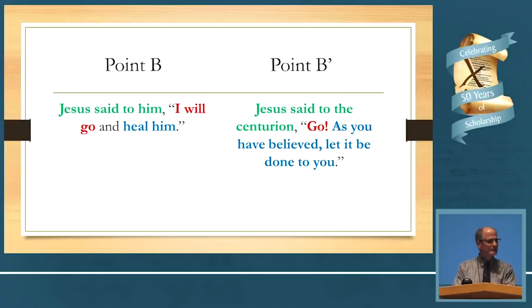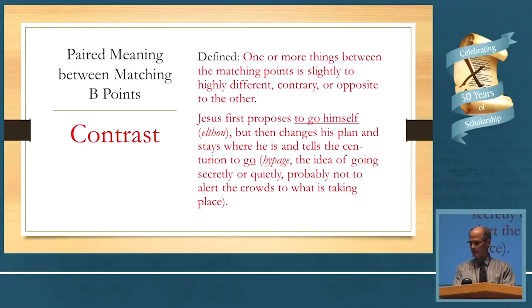What happened? We have the contrast. It's the going. The first Greek word is erchomai. It's the word that's used all the time of Jesus coming and going all throughout Galilee and Palestine in his ministry. The second Greek word is hupago. It means to go away, but it can carry the sense to go away secretly. The idea is that Jesus is just quietly talking to this Roman centurion at this point and says, just go home.